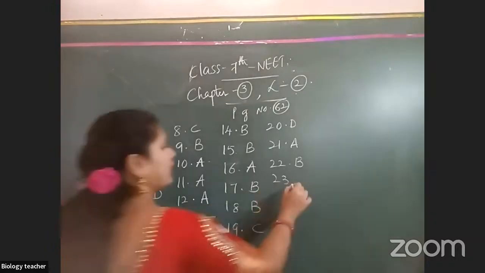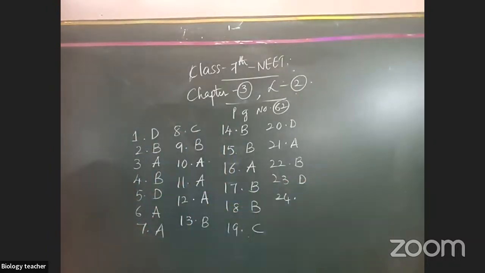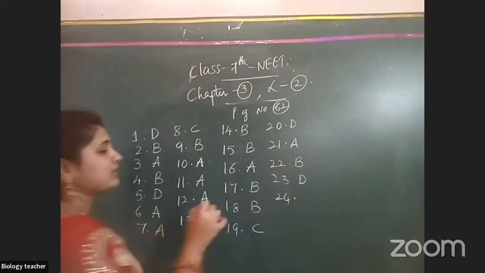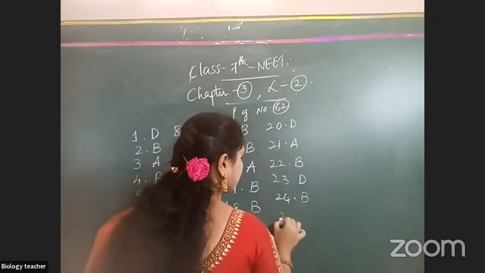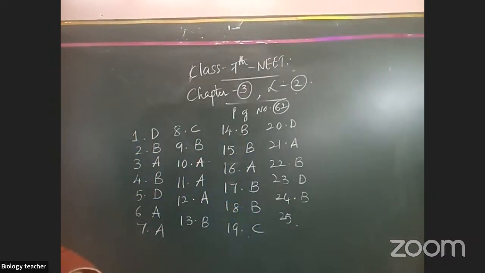Earthworm. Next. Question number 24. The small openings in the body of a cockroach are called spiracles. Next, 25. Name the organism that breathes through its lungs as well as the skin. Frog.